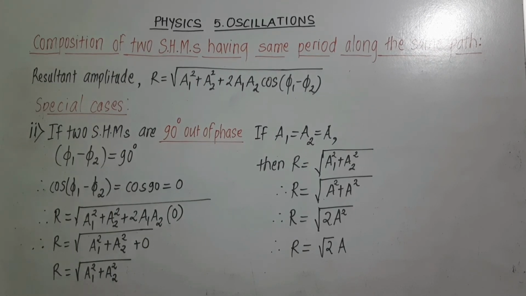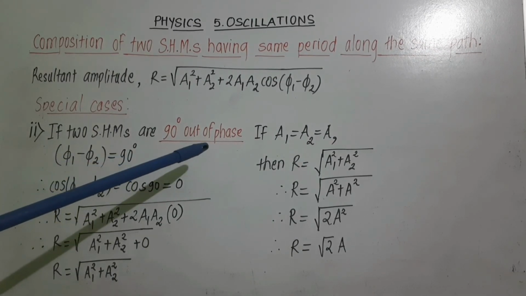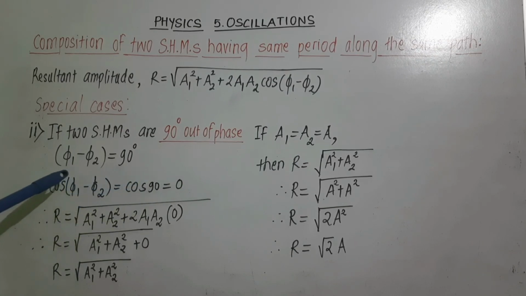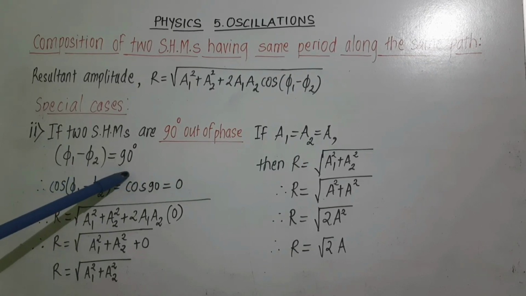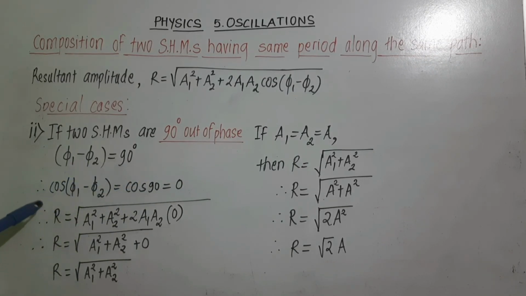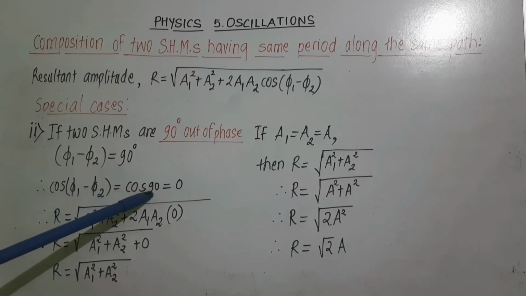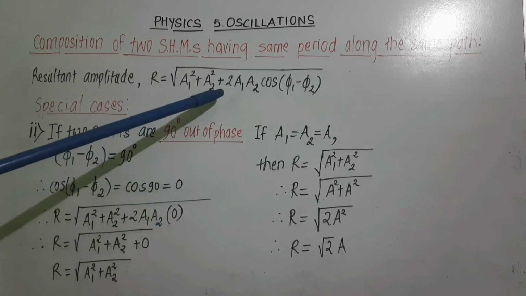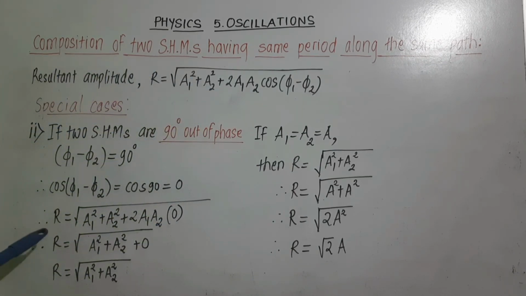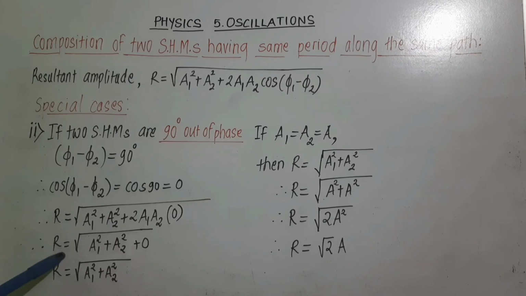Case 2, if two SHMs are 90 degrees out of phase, that is the phase difference between two SHMs is 90 degrees. So cos of phi 1 minus phi 2 is equal to cos 90 and this value is 0. Substitute this 0 in this equation of amplitude and we get R is equal to root of A1 square plus A2 square plus 2 A1 A2 into 0.